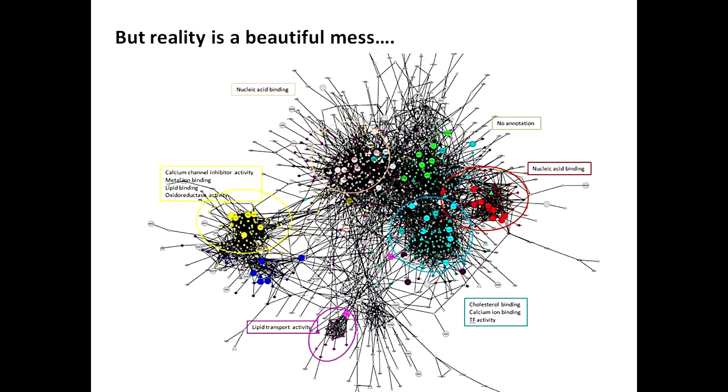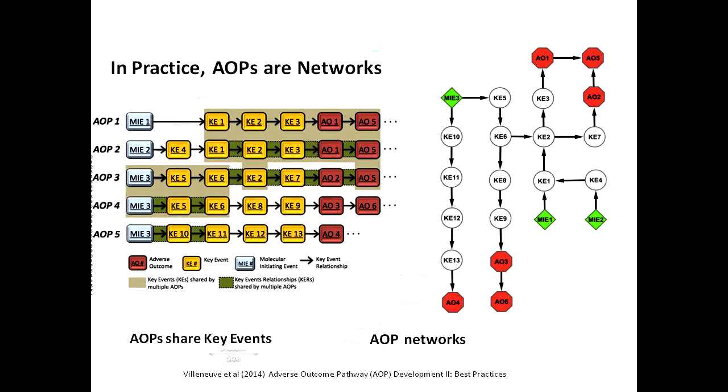You have a lot of events happening. You have a lot of things moving together, especially in mixtures. So how do you start looking at that? What we've tried to do is use the fact that AOPs in practice are really networks. And this is exactly what Steve was saying, the simple networked one where you'd have conserved key events, where multiple molecular initiating events converge on common key events.